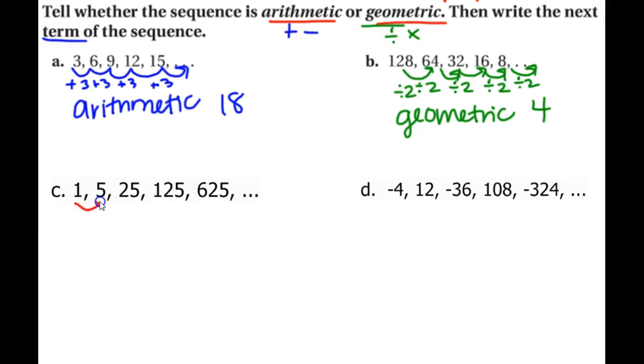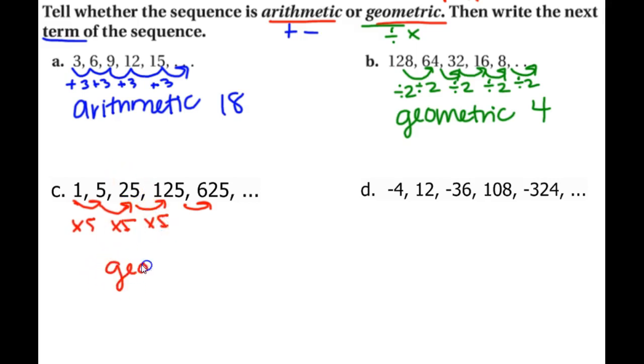Alright, next: 1, 5, 25, 125, 625. We have 1 to 5. You could add 5, but if I add 5 again, that's not going to work. So instead, we would be multiplying by 5. 5 times 5 is 25. 5 times 25 is 125.